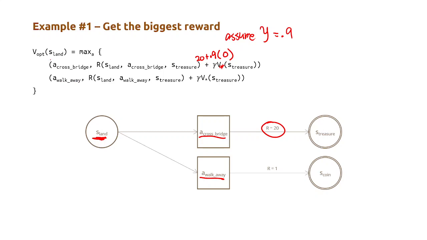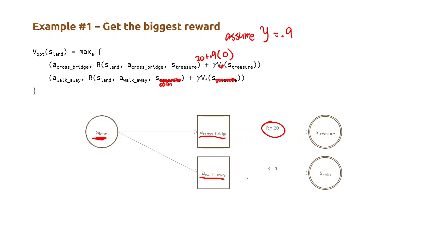So the value of S land when performing the action walk away is the reward of S land, walk away, S treasure. This is not S treasure. This is S coin. Apologies. Yeah, it's S coin because we have no arrow leading from walk away to treasure, right?